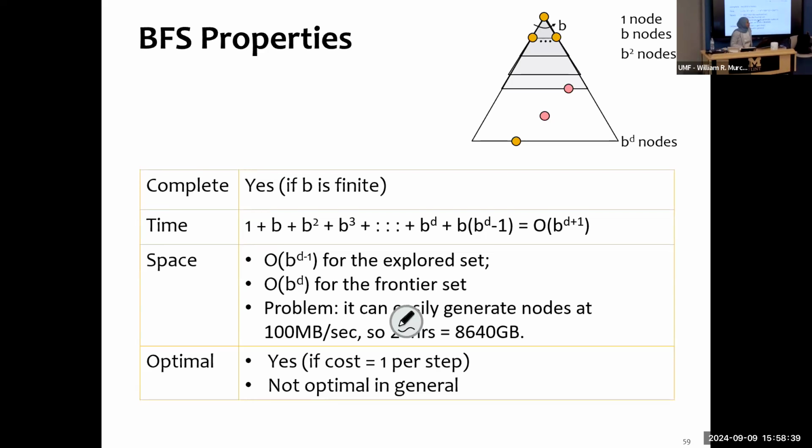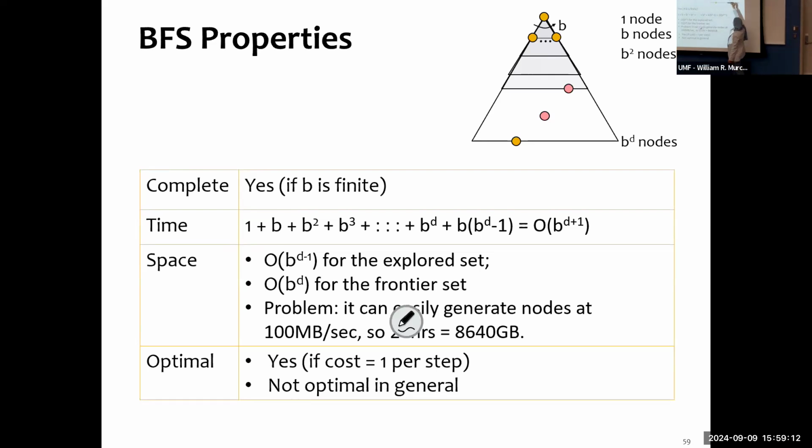Now we are going to discuss the complexity of this algorithm. It's given by this table, with these 4 parameters previously introduced, including completeness. This is complete if B is finite, a finite set of elements. The time consumption is illustrated here. In this triangle pyramid, we have one node on the top, then B, B squared, until B to the power D nodes.